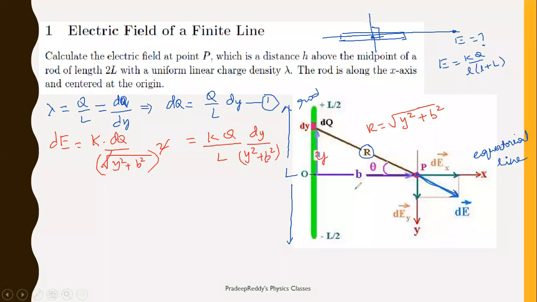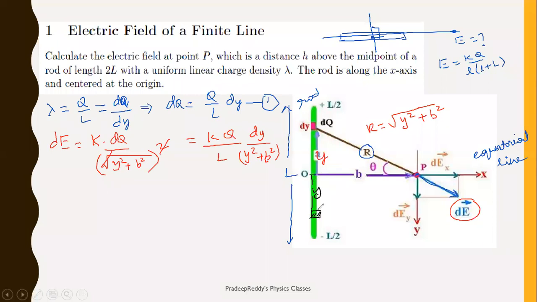But observe carefully, unlike in the previous problem, this has a very small twist. What is that twist? Suppose you take this element dq over here, you have the field in the downward direction. This is the field. But if you take a very small element at the other point, here, and this length is also y, at the same position where you took above the x-axis, I am taking below the x-axis.